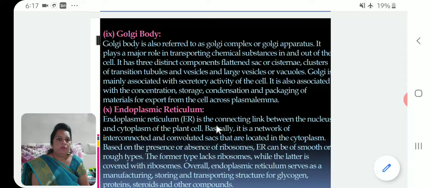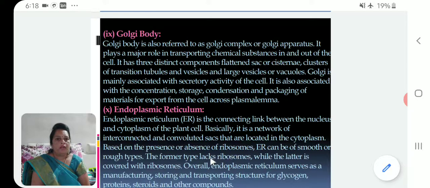Next organelle is the endoplasmic reticulum. The endoplasmic reticulum is the connecting link between the nucleus and cytoplasm of the plant cell. Basically, it is a network of interconnected and convoluted sacs that are located in the cytoplasm. Based on the presence or absence of ribosomes, the endoplasmic reticulum can be smooth or rough type.